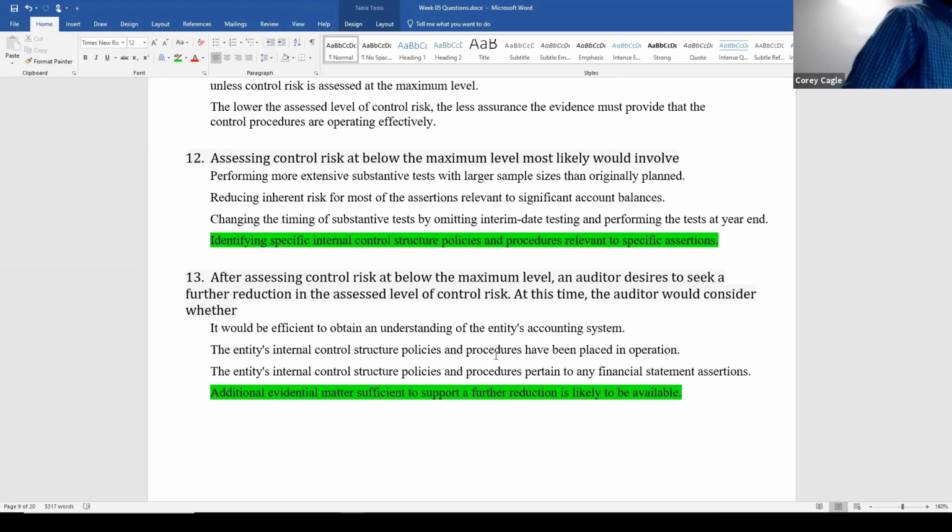If we're assessing it below maximum, we've got to back that up. So we've got to test it to give credence to our whole assessing it below maximum. So we're going to look at specific things and then go on to test those.